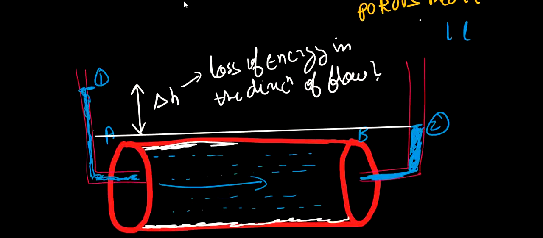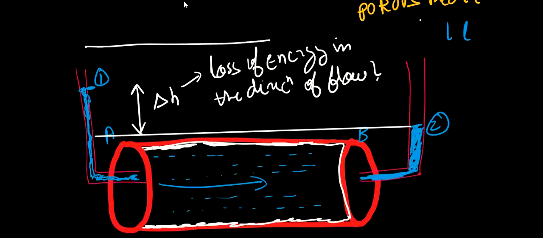These frictional forces are acting between the interface of the inner boundaries of the pipe and the interface of the liquid surface. So that is why, as we approach the right direction, the pressure, or you can say the energy, is decreasing. Okay, let's proceed further.